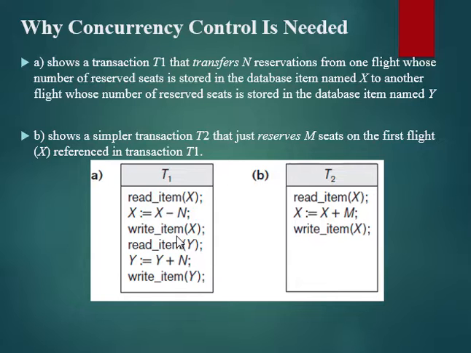Next we write the same back into the database, and we add the value n to the variable Y, which shows the number of reserved seats in flight Y. Transaction T2 is a simple transaction that just reserves m seats on the first flight X. So we can consider these two transactions and check what happens if both are executed concurrently, and what types of problems can occur.